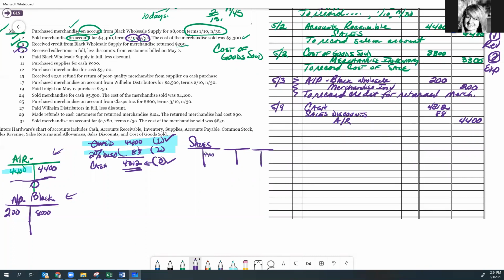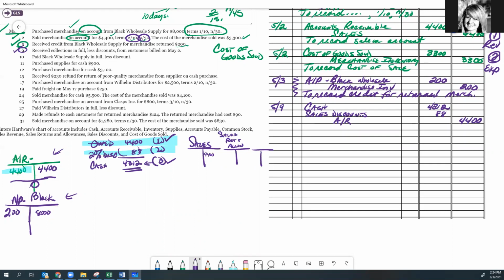Now, we didn't have any returns from this customer, but if we did, we would have a second account called sales returns and allowances. We will put both returns and allowances. Allowances are effectively a price reduction for something that our customer's not happy about, and we decide to reduce the price, but we're allowing them to keep the merchandise. So a return is when we get the merchandise back. An allowance is just a price adjustment in the cost.